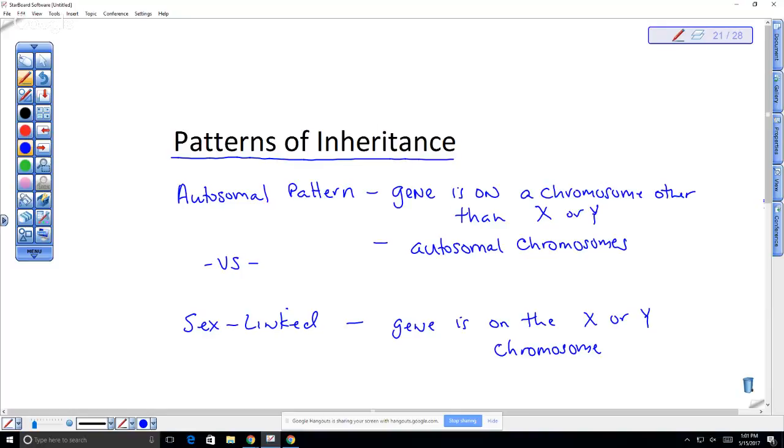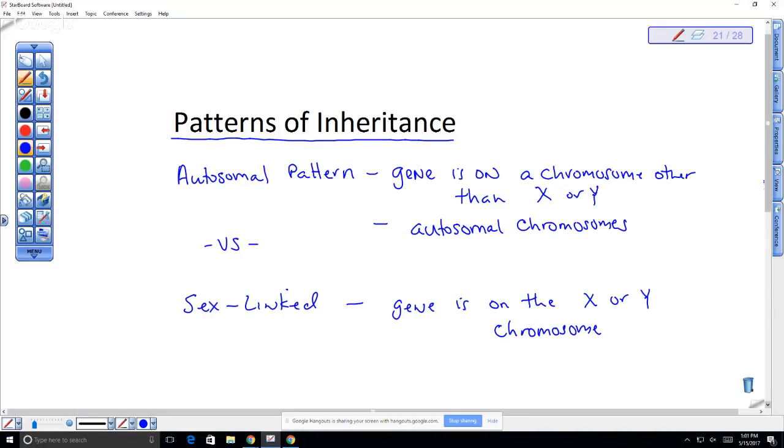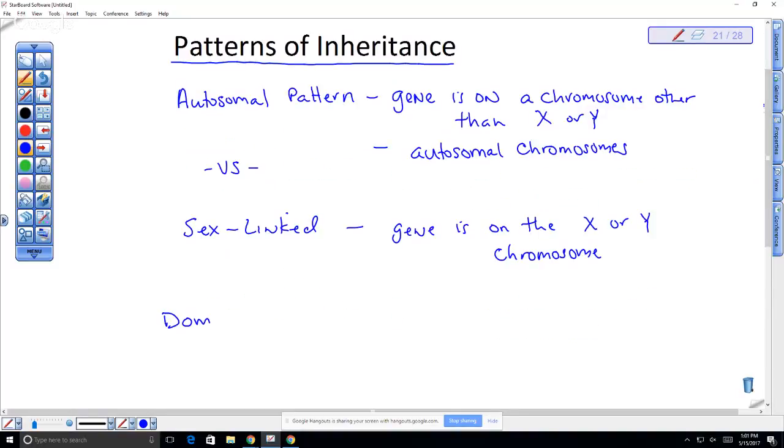We can also describe them as dominant versus recessive. Yes, that is a pattern that you sometimes see. Yeah, it skips generations. Yeah.